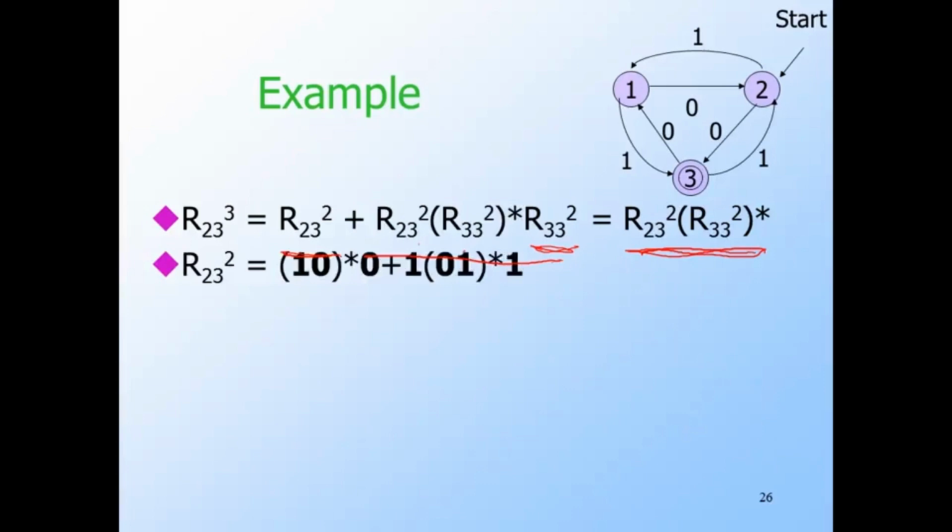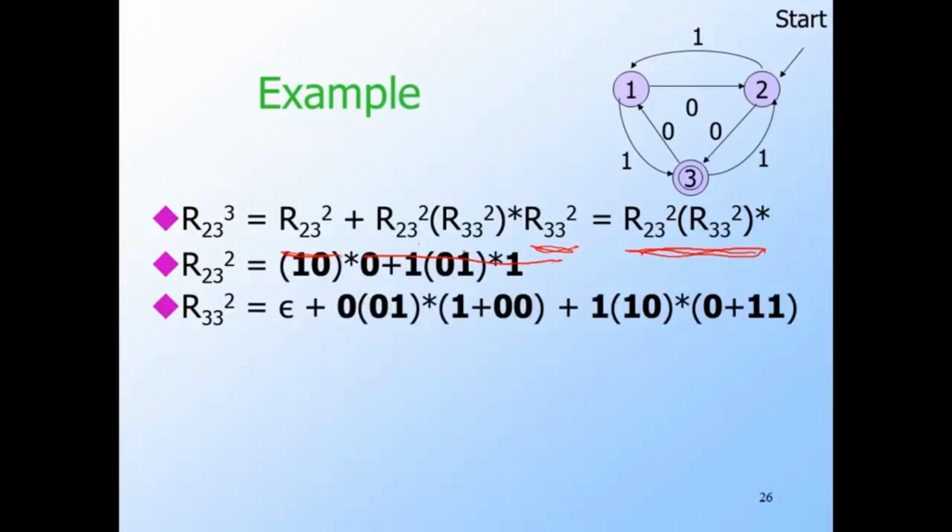Okay, so we figured out what R_23 super 2 is. We did that earlier, so let's just use it here. And here's an expression for R_33 super 2. I won't give the details, but remember that this expression has to represent paths from 3 to 3 that never go through 3, so it could only jump from 1 to 2 and back again until it returns to 3.